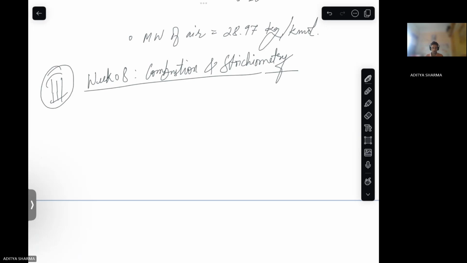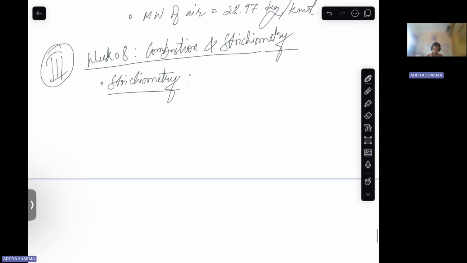Stoichiometry is a very important topic as far as the combustion is concerned. So now air to fuel ratio, how do we define it? This is basically mass of air to mass of fuel, which can also be written in terms of molecular weight and number of moles.